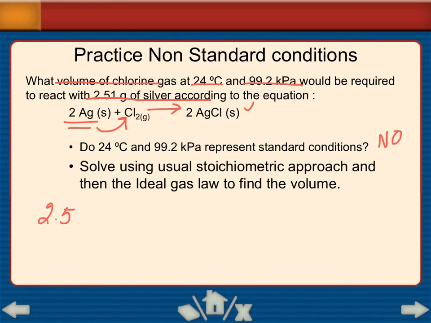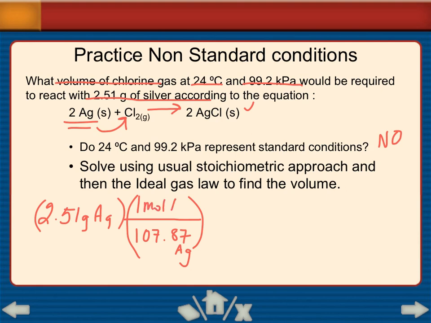So 2.51 grams of silver. In order to convert it to moles, you're going to have to look up the molar mass of silver. It's 107.87 grams per mole of silver.